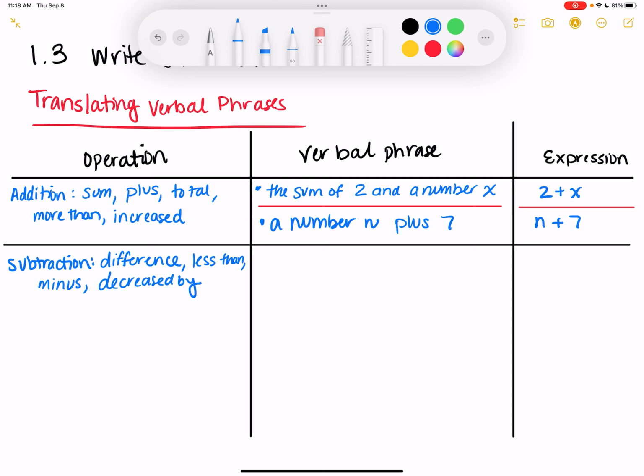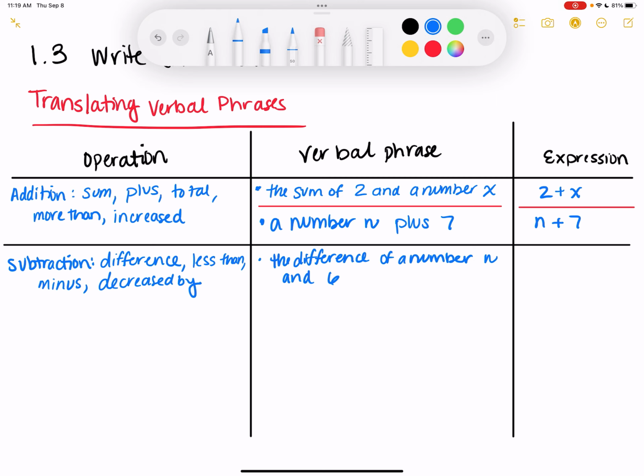And again, I have two ways that you could see this written, and obviously there's others, but one example is the difference of a number n and 6.